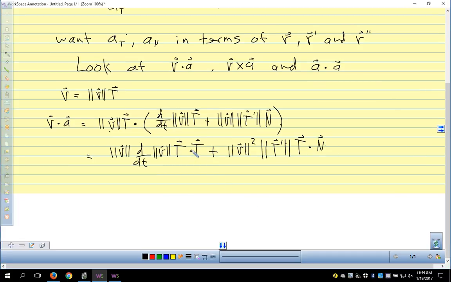Well, T and N both have magnitude 1. And we know that T dot T is its magnitude squared, so T dot T is 1. And T and N are orthogonal, so T dot N is 0.